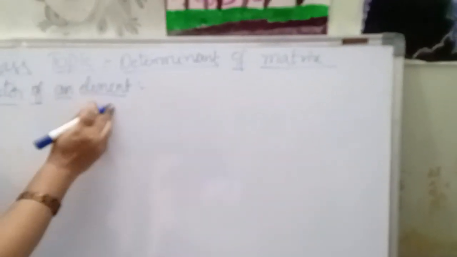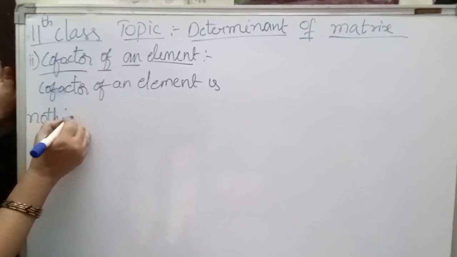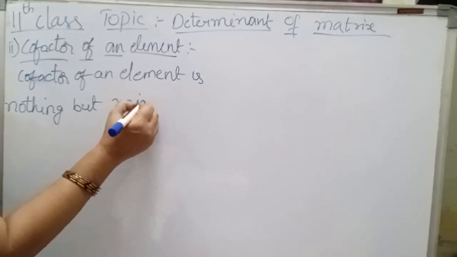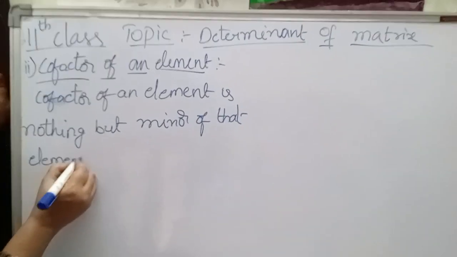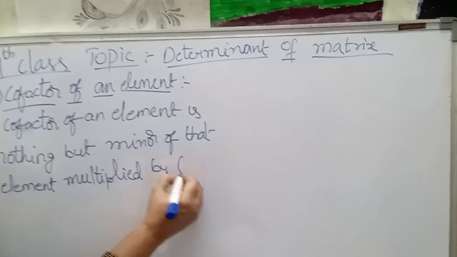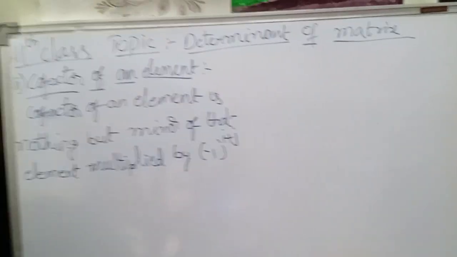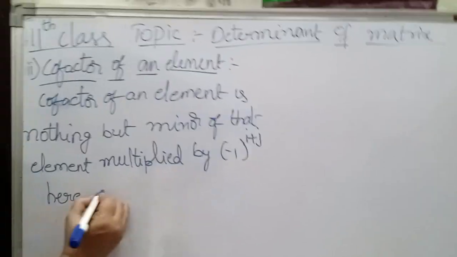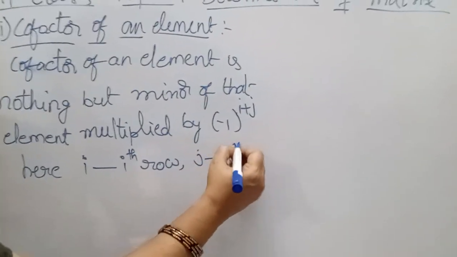The cofactor of an element is the minor of that element multiplied by minus 1 power i plus j, where i refers to the ith row and j refers to the jth column.